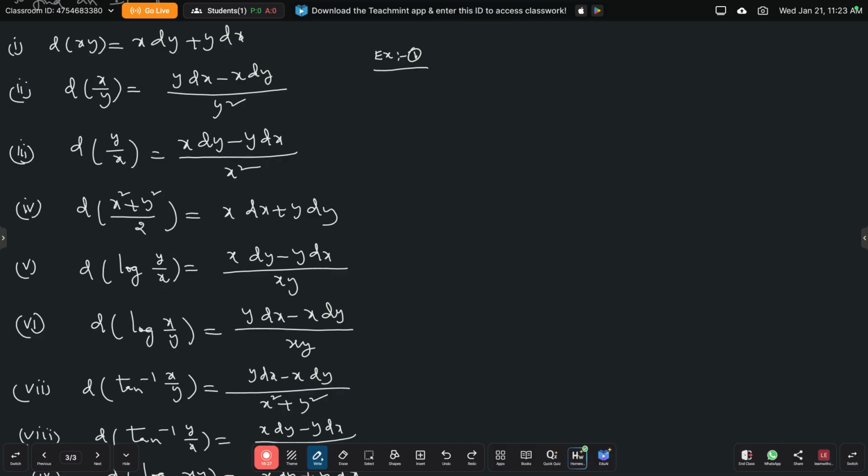This is method 1, where sometimes in our examinations also these are short answer type questions which can be solved very easily just by rearranging the terms. Let us see one example. Solve 1 plus xy into x dy plus 1 minus xy into y dx is equal to 0.